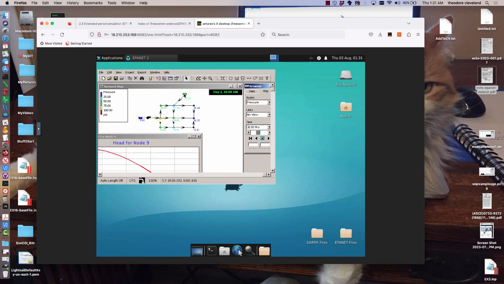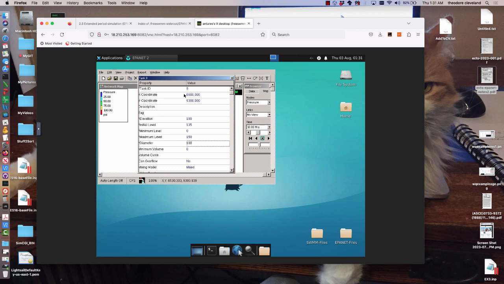At this point, volume alone isn't the question. We probably need to let the tank be taller, so we'll change it to 200. And we'll actually start with it full.